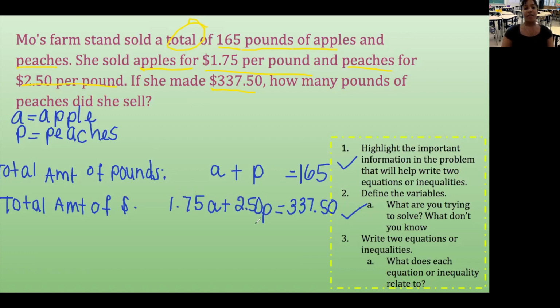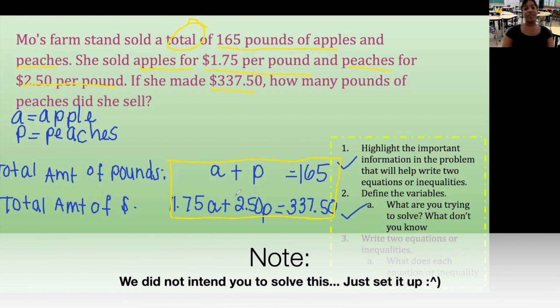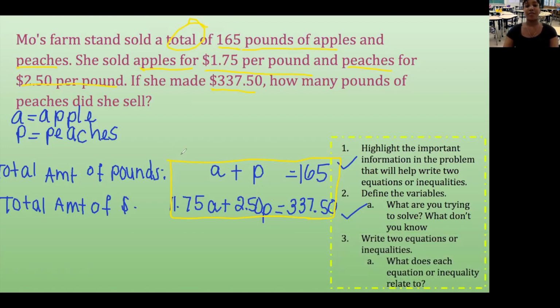And that's it. We have a system. I'm going to box this because here is our system. And when you solve that system, you're going to be able to decide how many pounds of peaches and apples she sold.